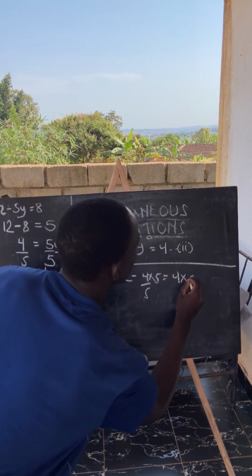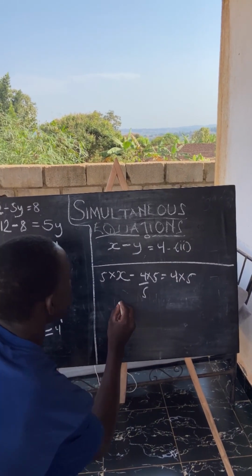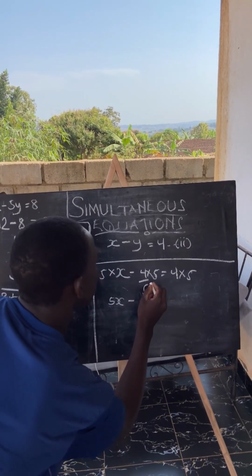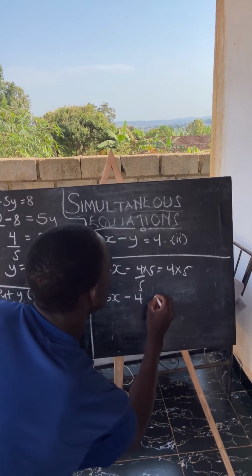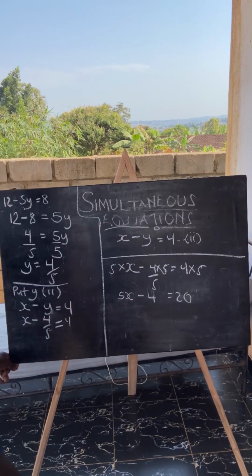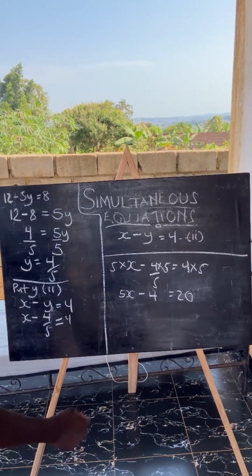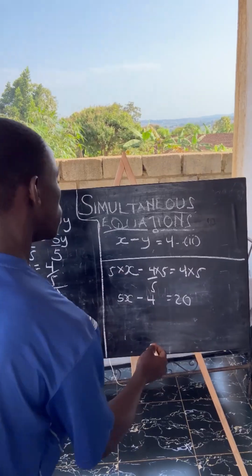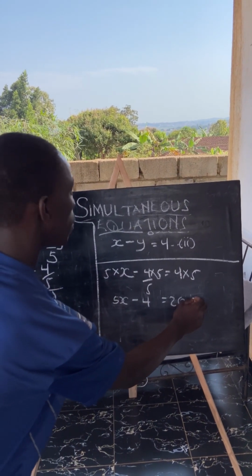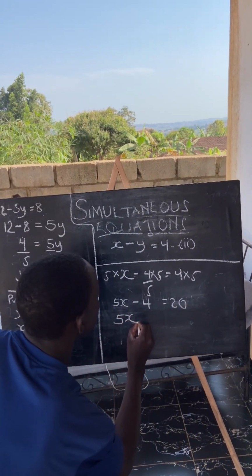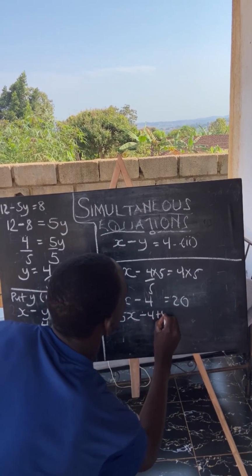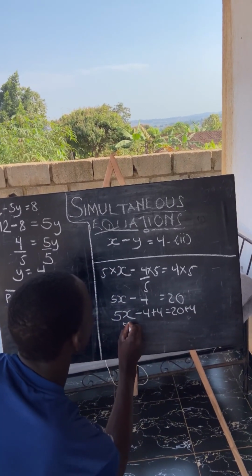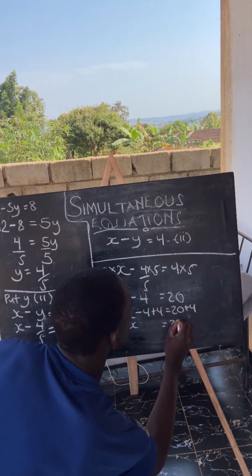So here 5 times x will be 5x. We maintain the negative. This 5 will cancel, get 4, equaling to 4 times 5, which is 20. So we are going to take 4 this side, which will come as a positive. So 5x minus 4 plus 4 equaling to 20 plus 4. We'll get 5x equaling to 24.